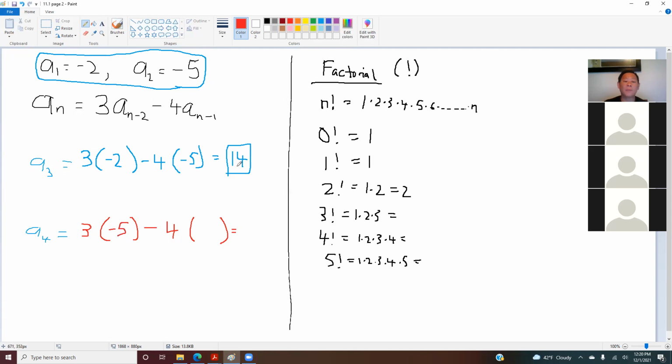And this will become the one that we just used. We just found A3, which is 14. So as you know, it does have a domino effect. So that means if this number is wrong, your A4 automatically is wrong. Okay. So what is 3 times -5 minus this? I got -71. I think you guys know how to use your calculator to do this.